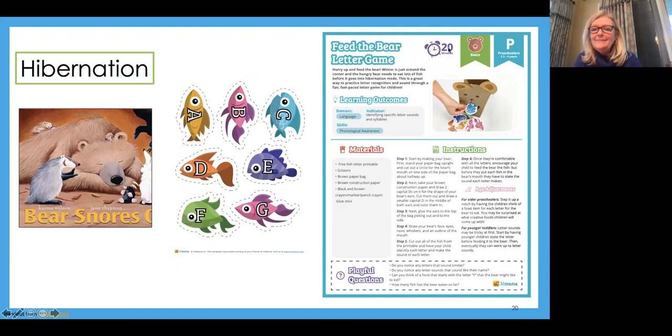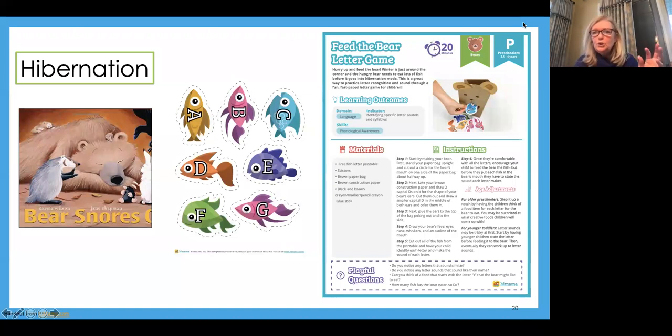And then this is from the Hi Mama website, but this is a really fun letter game on here. If you're reading books about bears and they're engaged in that, it gives you the little printout of the alphabet as fish, and then you feed the bear. So before the bear hibernates, we've got to feed him, right?